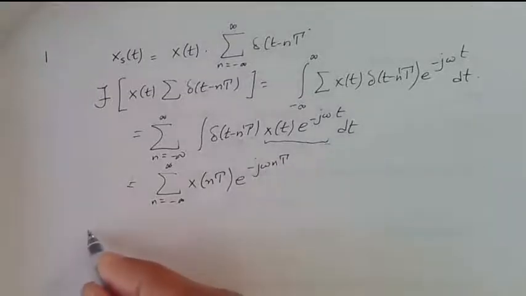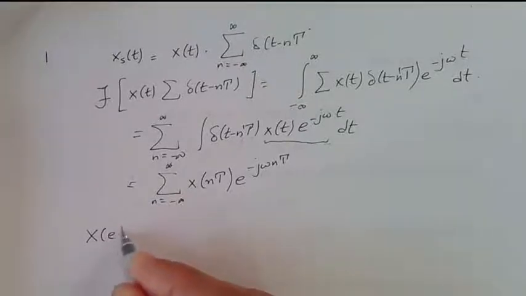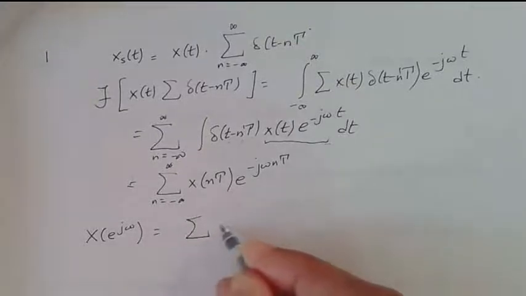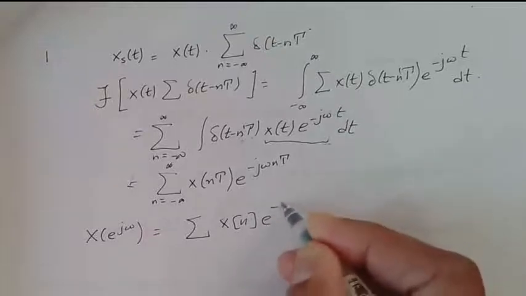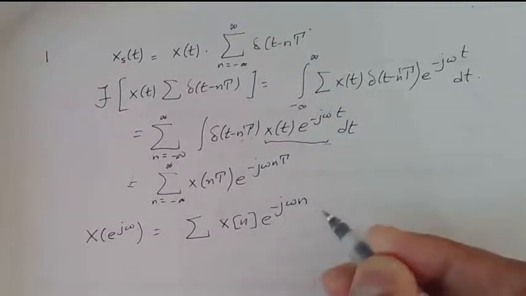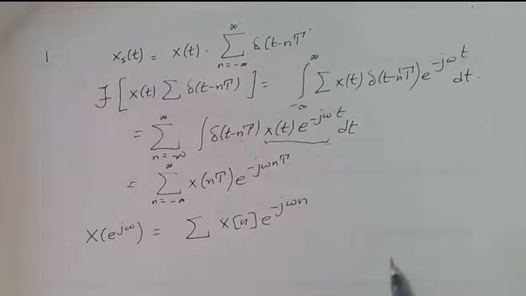If we do that, then we get x of e to the j omega equal to the summation of x of n e to the minus j omega n. So this is the discrete time Fourier transform.